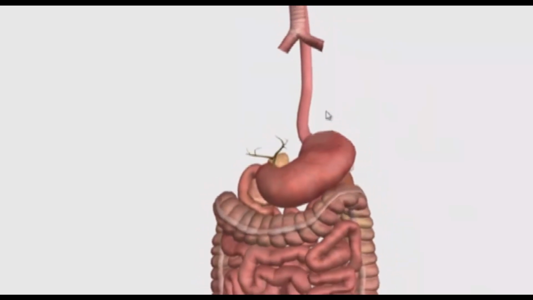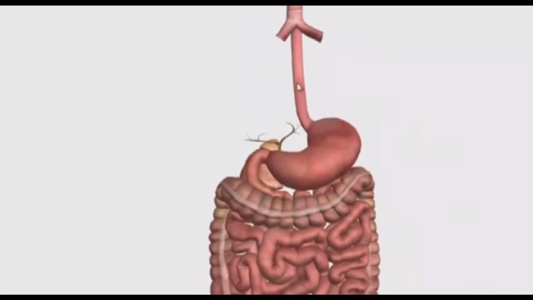So something to point out is that at this junction between the esophagus and the stomach, you have a sphincter, and this is called the lower esophageal sphincter, or the cardiac sphincter, because it lies in the cardiac region. So a sphincter is essentially a circular muscle in the body which keeps a passage closed.